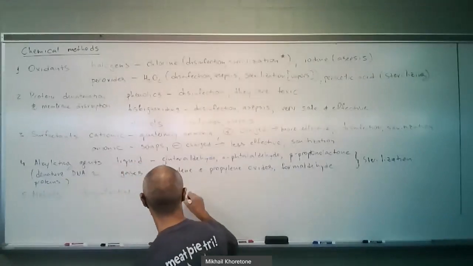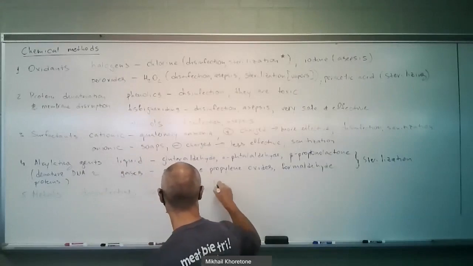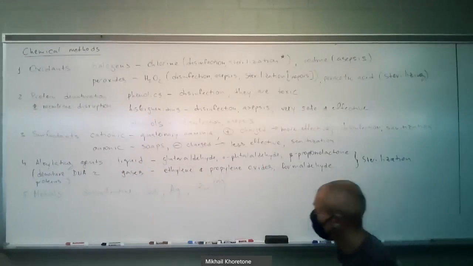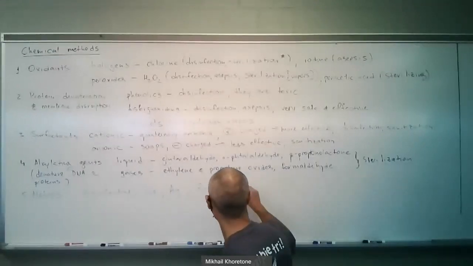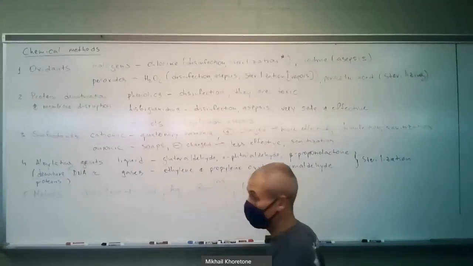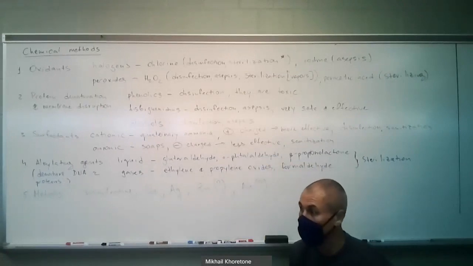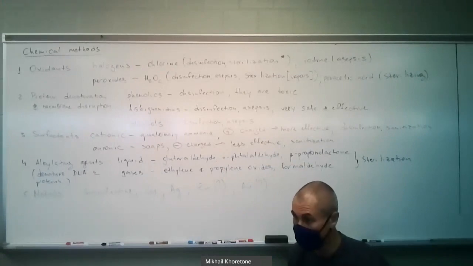Zinc, its efficiency is with a big question mark. Gold is very antimicrobial, but it's also very expensive. This is why we don't use it. Does that make sense?